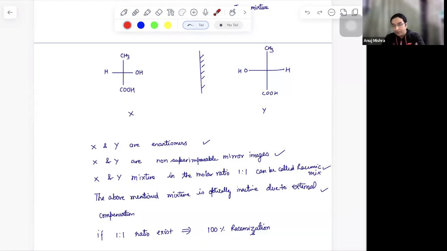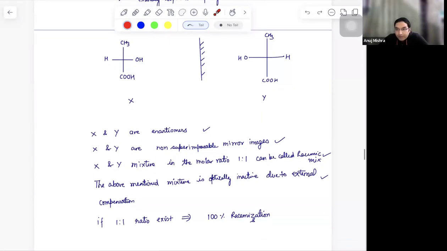Enantiomers is basically mirror image which is non-superimposable. Done?